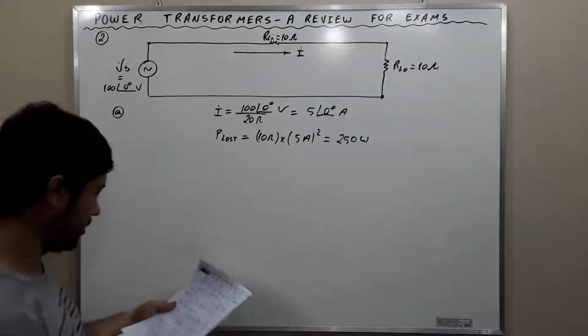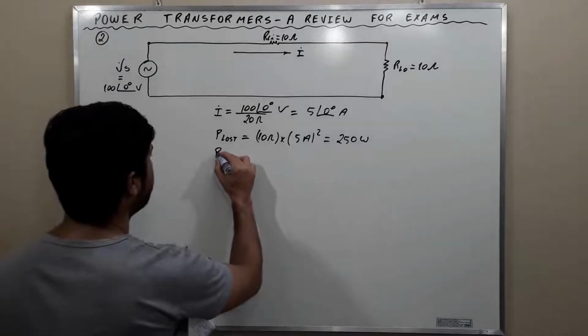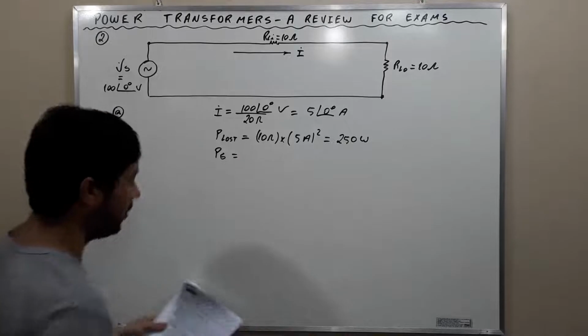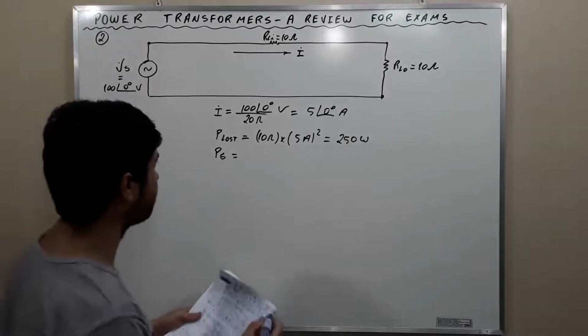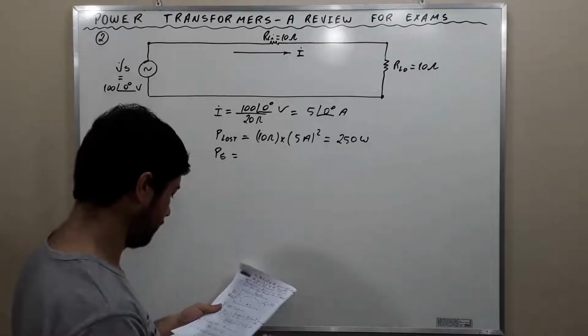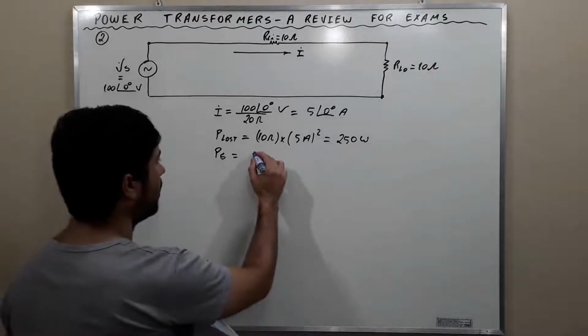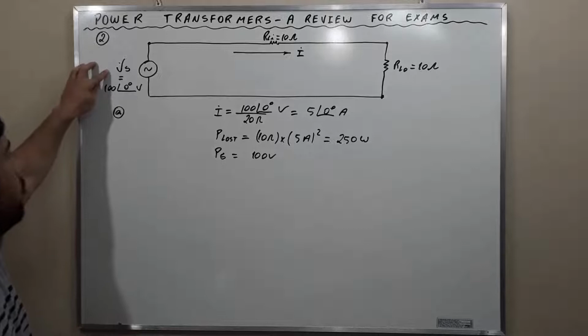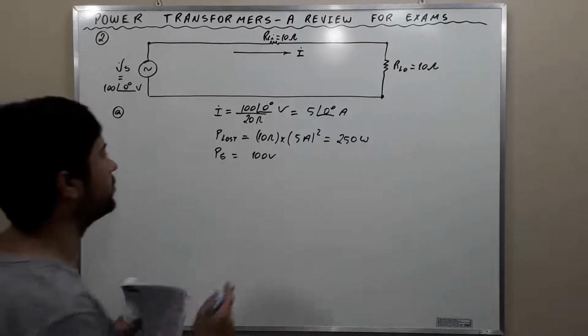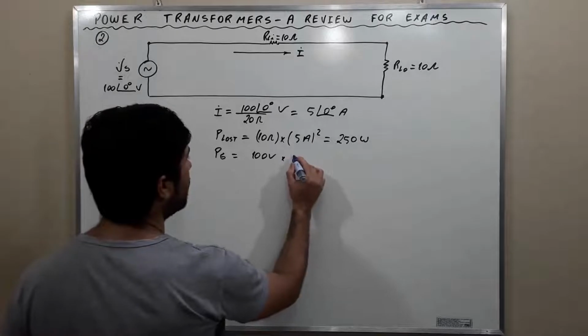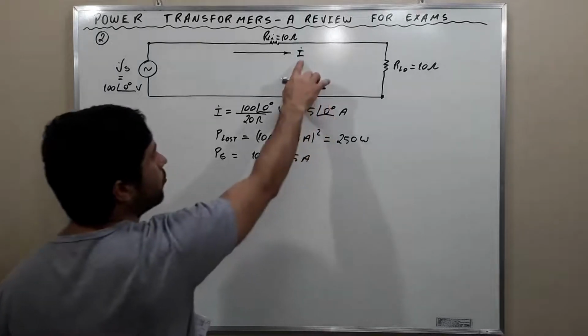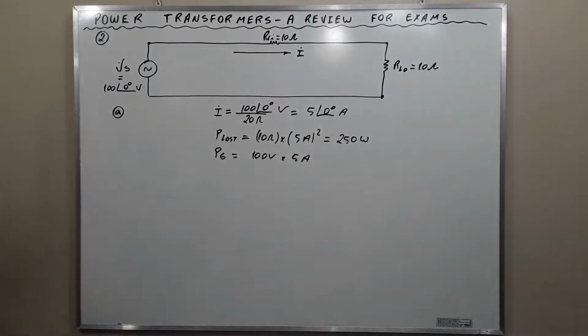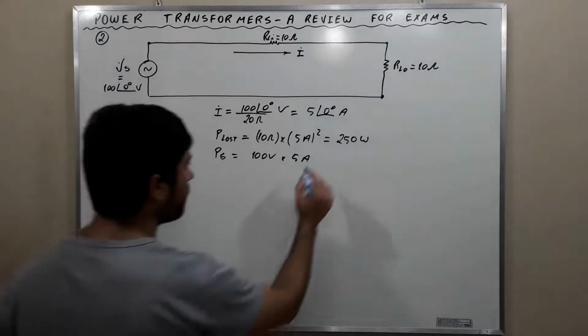And now to calculate the percentage of the generated power lost in transmission, we need to calculate the generated power. The generated power is 100 volts, the magnitude of this voltage, times the magnitude of this current times the cosine of the angle between them.